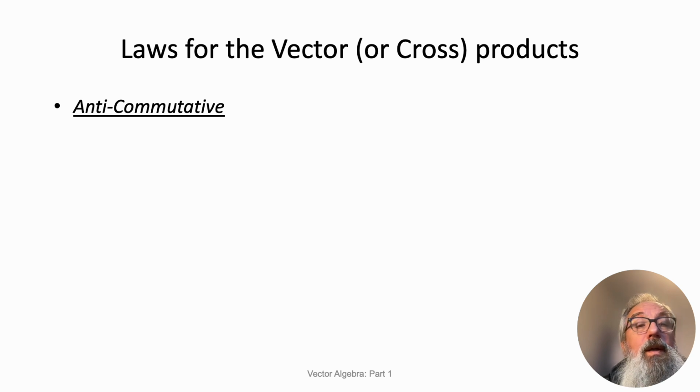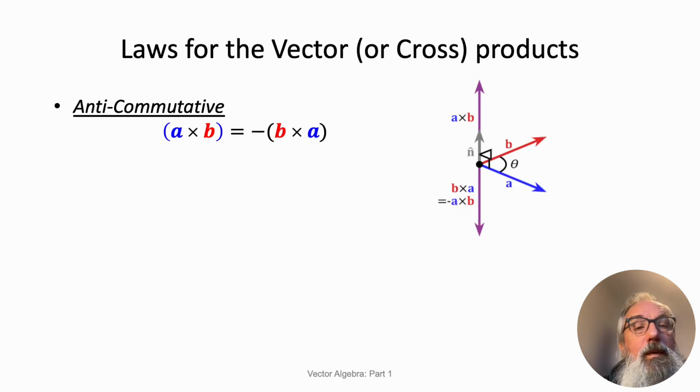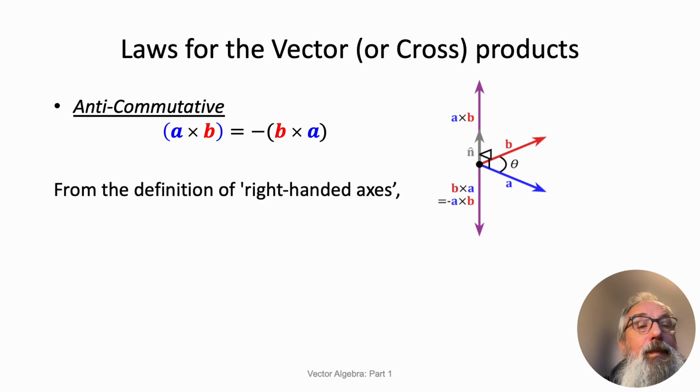Particular laws for the vector product or cross product. So it's anti-commutative. We've seen that. A cross B equals minus B cross A. Because of the right-handed rule, the result is a vector in the opposite direction when you change the orientation of the axes.